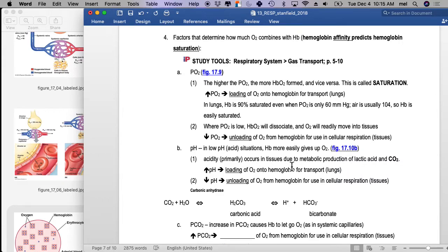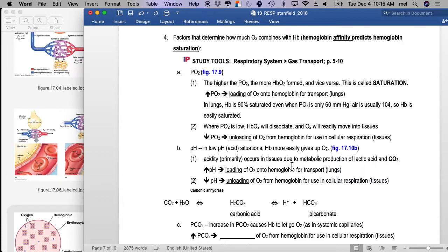Everything that occurs at pulmonary capillary beds should favor, you choose, loading or unloading of oxygen onto hemoglobin. Loading. Do you see? Okay. Everything that is true at systemic capillary beds should favor what? Loading or unloading? Got it? Okay, so now that's our prediction, and all we have to do is go through and check off and make sure our prediction is actually true, okay?